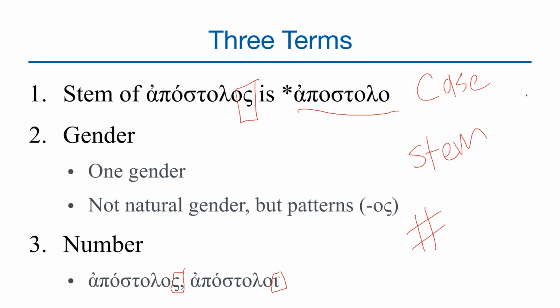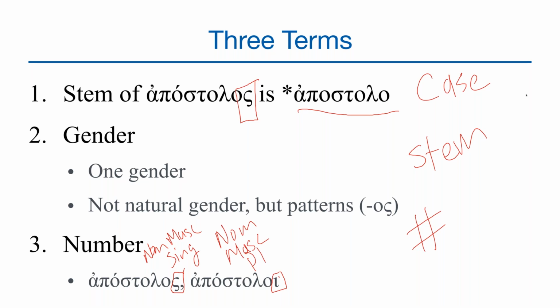Okay, apostoloi is the nominative plural. So this is the nominative masculine singular. This is the nominative masculine plural. Okay. The iota is the ending for the nominative masculine plural.